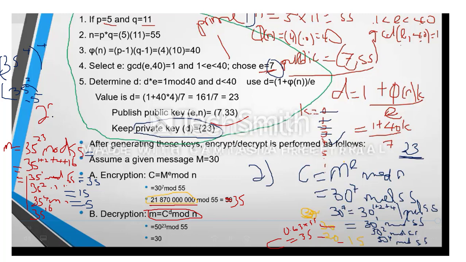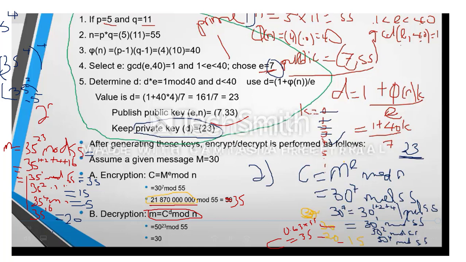So this being the case, you are now saying 5 to the power 4. 5 to the power 4, we say 625, isn't it? 625 over 55, you get 0.363. 0.363 times 55, you get 19.9 something, which is equivalent to 20.